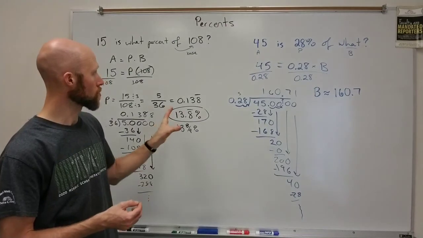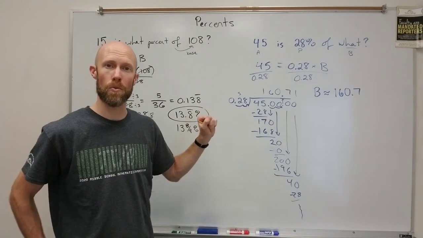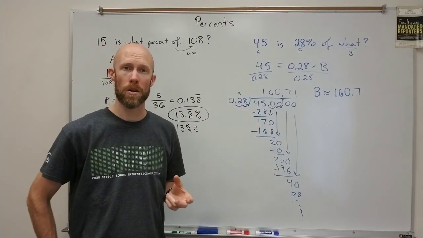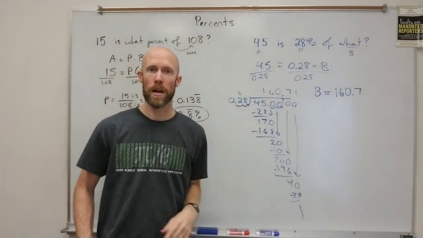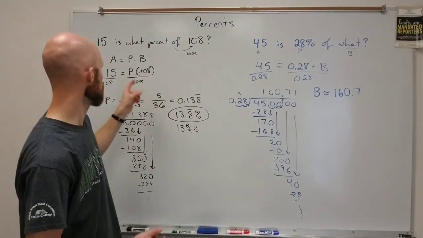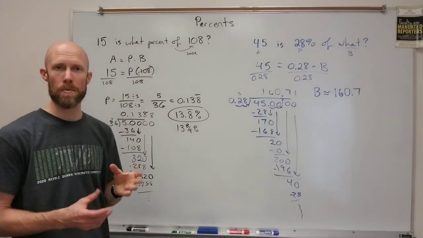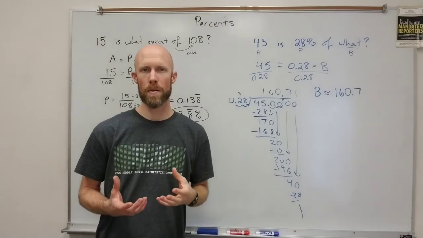Okay, so anyway, this gives you your 3 different types of percent problems. One of them is where the amount is missing, one of them is where the percent is missing, and one is where the base is missing. And so the equation is the same. A equals P times B is the same equation. It's a one-step solution.